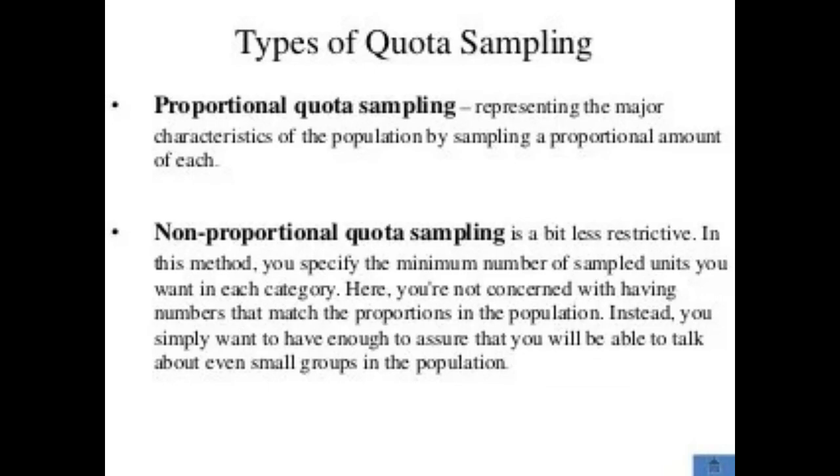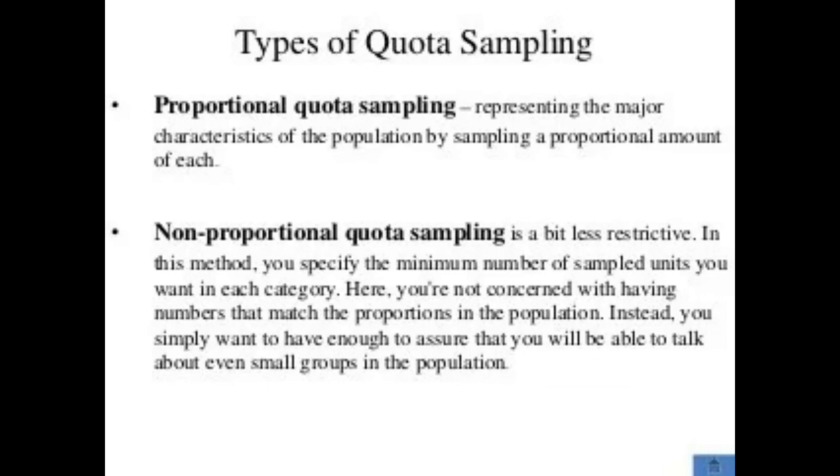for women. The problem here is that you have to decide the specific characteristics on which you will base the quota. Will it be by gender, age, educational level, race, religion, and some other characteristics? On the other hand, the non-proportional quota sampling is a bit less restrictive. In this method, you specify the minimum number of sampled units you want in each category.